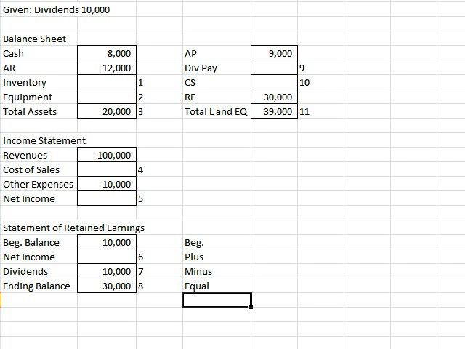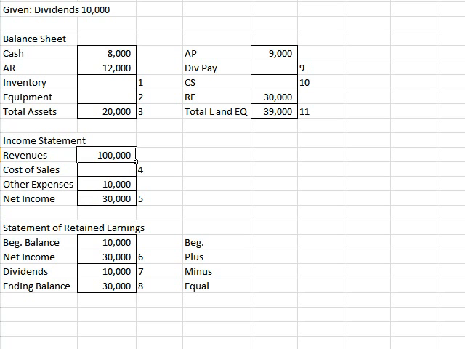So mathematically, my net income has to be $30,000 because beginning balance of $10,000 plus $30,000 is $40,000 minus $10,000 of dividends gives me an ending balance of $10,000. So my net income is $30,000.